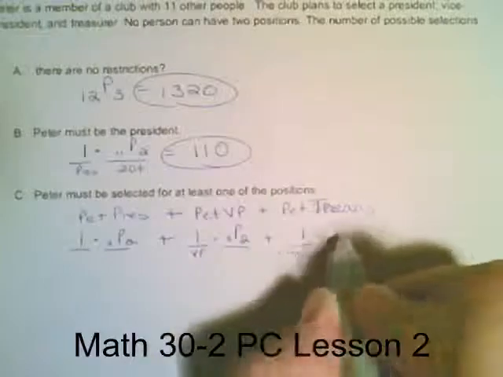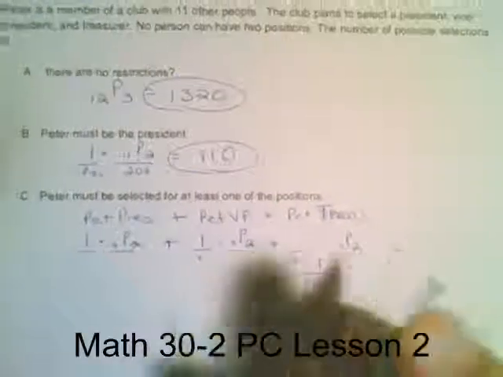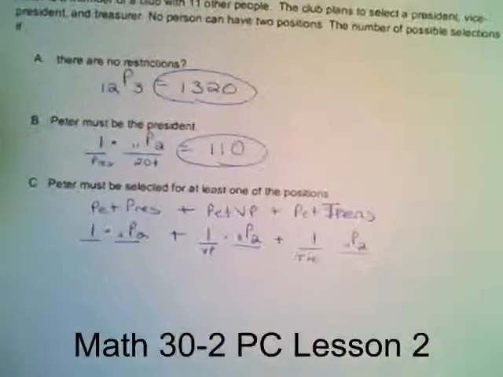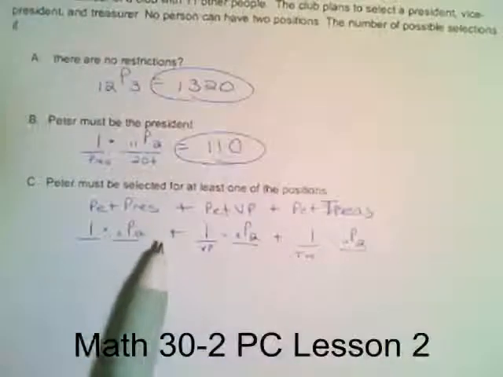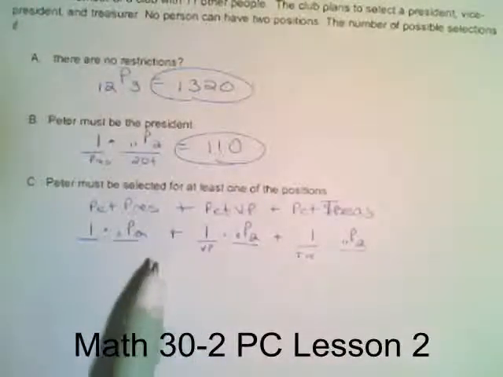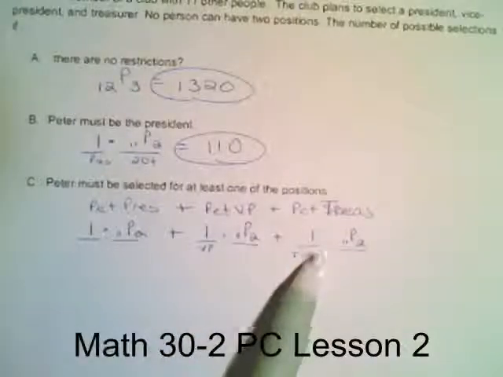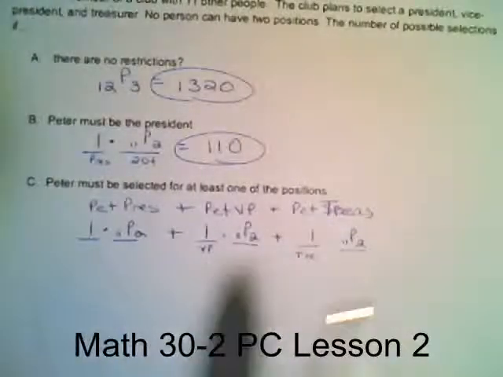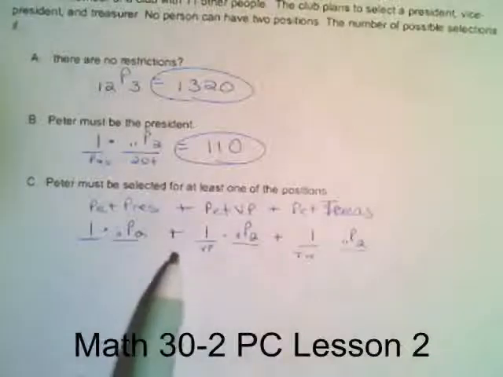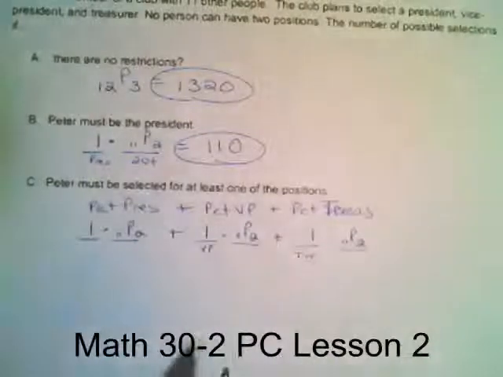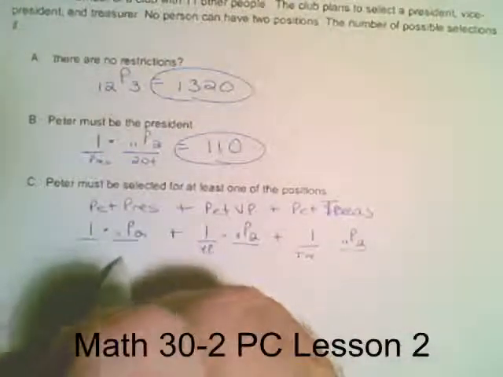Or Peter could be vice president. Well, once again, I've got a VP blank and 2 others that I've got to fill. This is still 1 times 11 pick 2. Or I could have Peter as treasurer. In this case I have a treasurer blank and 2 other people. So it's 1 times 11 pick 2. So really it's just the same question a couple times.